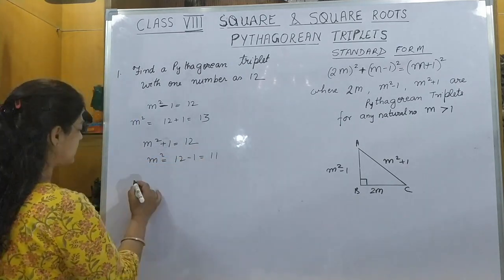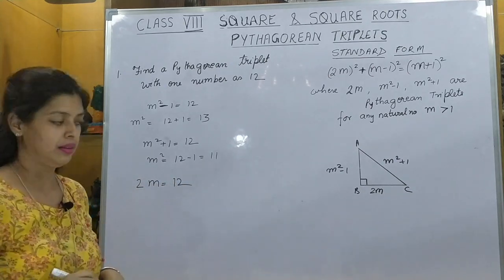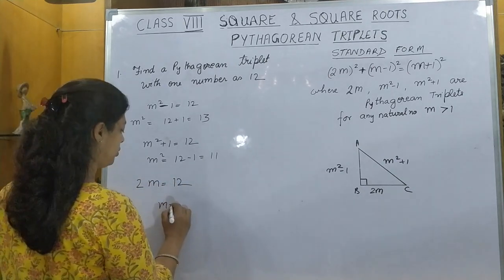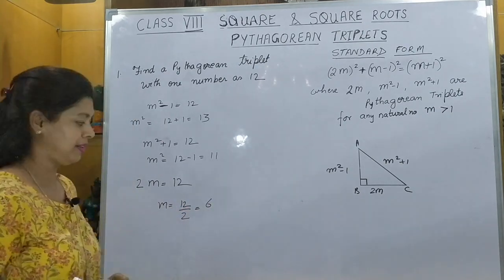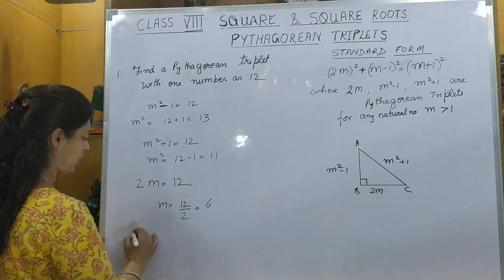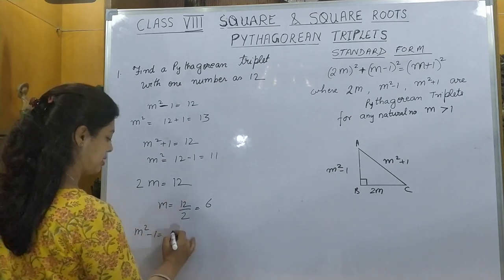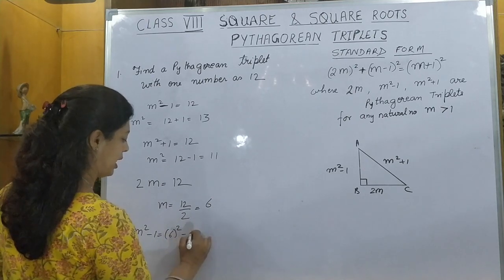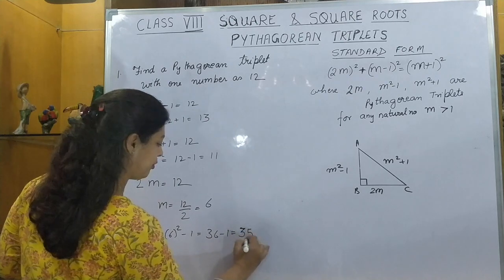So I take my case 3 where I say 2m is equal to 12. Therefore m will be equal to 12 divided by 2, which is 6. So if m is 6, now I can find the value of m square minus 1, which is 6 square minus 1, which is 36 minus 1, that gives me 35.